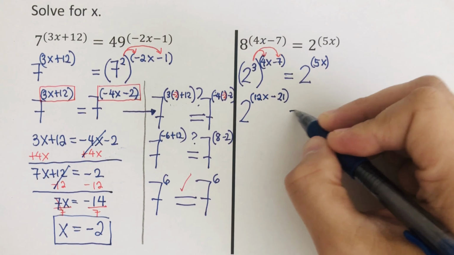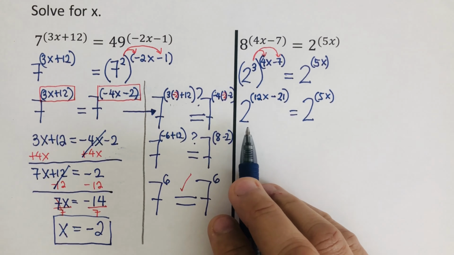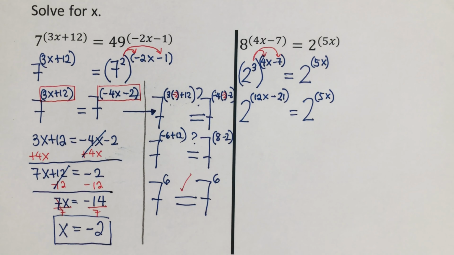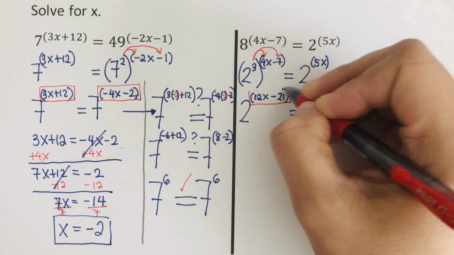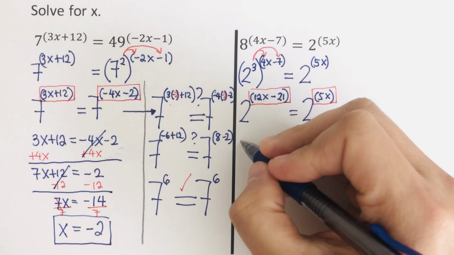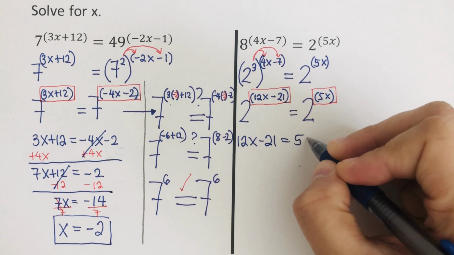And that is equal to 2 to the power 5x. At this time, you will see that they already have the same base of 2. So then from here, we can equate these two exponents to each other since their bases are the same. So I can go ahead and write 12x minus 21 equals 5x.